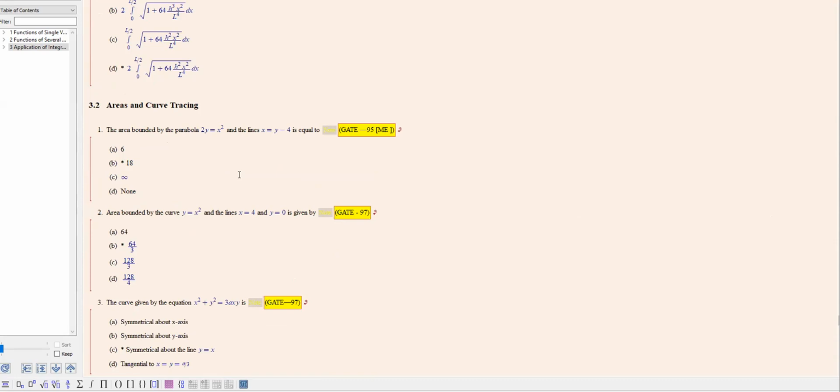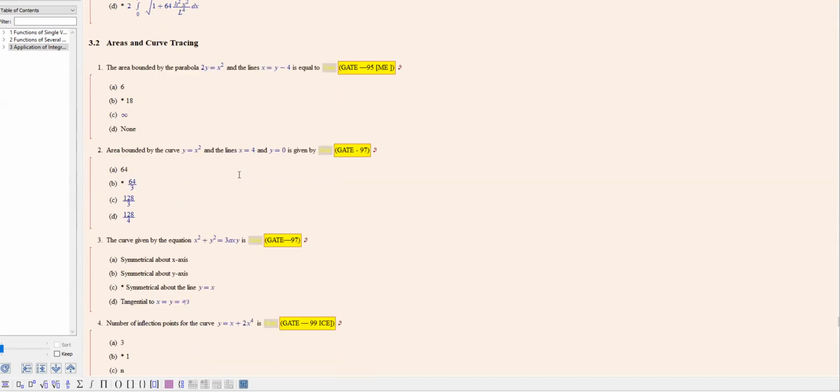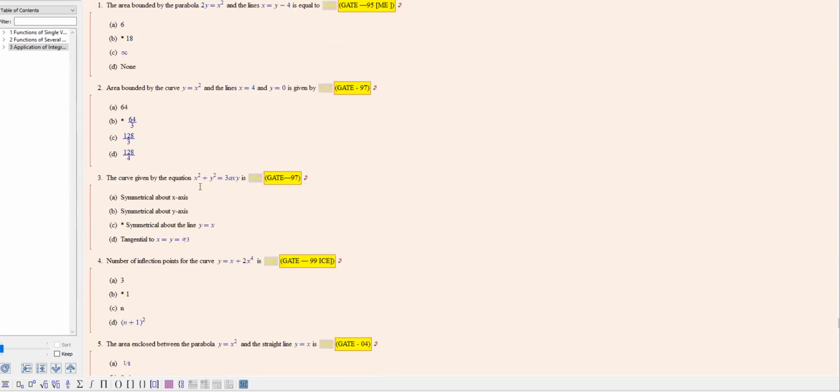Then area under curves. All right. Area under curves, very simple equations. A line and a parabola. Line, parabola and lines, two lines, area bounded by. Then the curve given by this equation is symmetric about x-axis, y-axis.